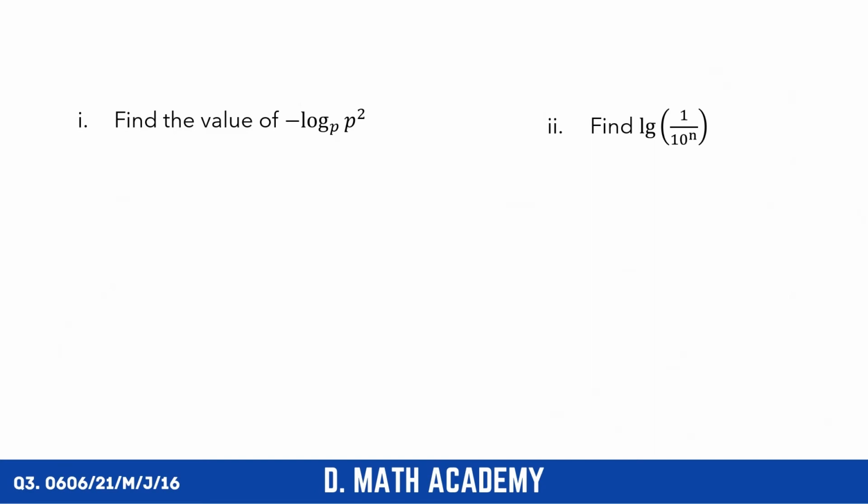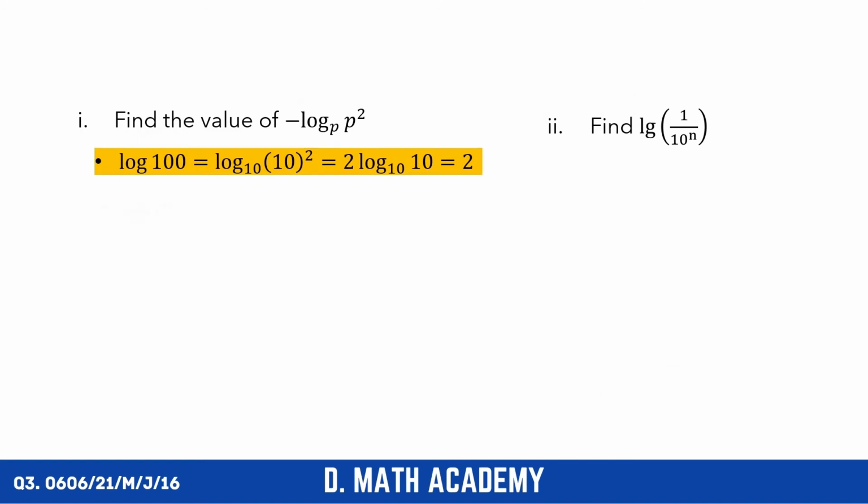The rule that applies here is the one bringing the power out. The first thing that I did was to shift out the power over there. So I got negative 2 log with a base of p and the results of p. Since the base and the results are the same, it will automatically cancel off. So we will now have negative 2 as our final answer.